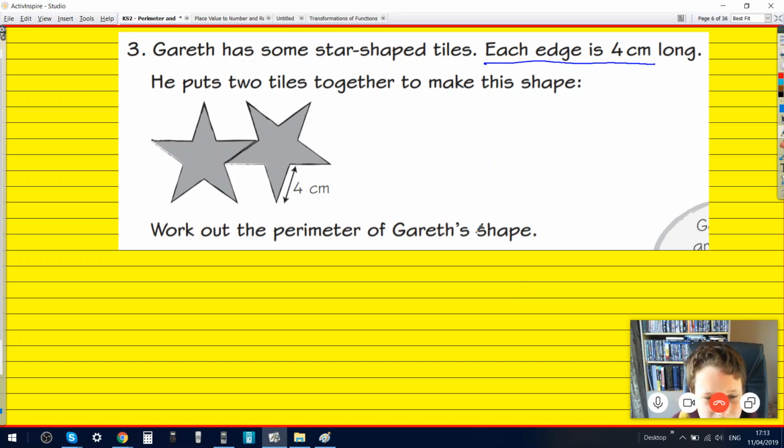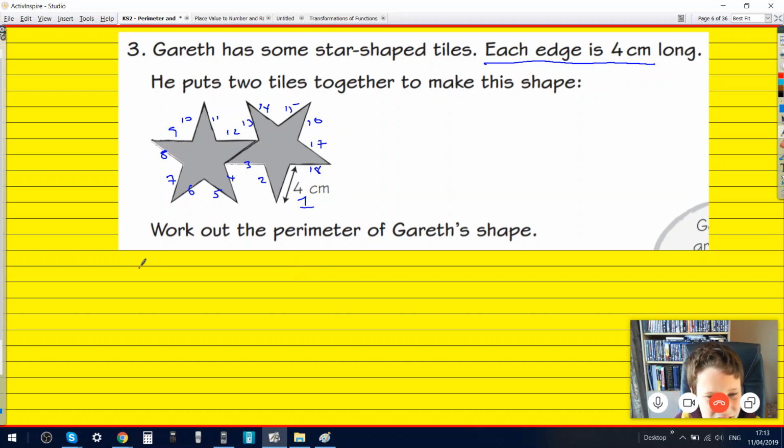So we would need to do 4 plus 4 plus 4 and so on, adding up all the sides. So that's 18. Is there a quick way of doing this?